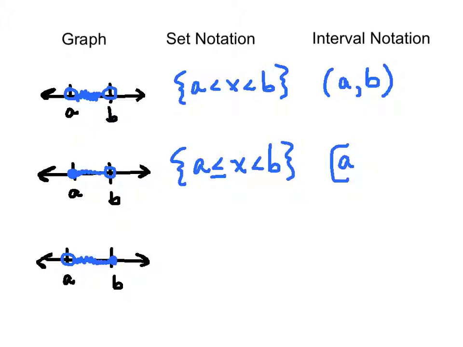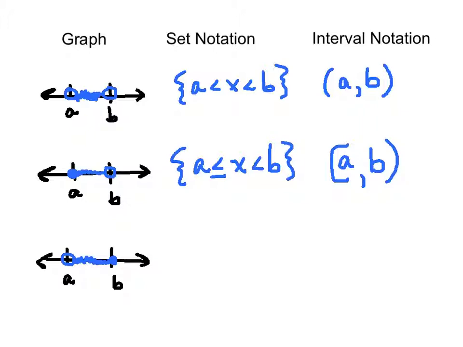Begin at A, include A, go all the way on out to B, don't include B, and so use a parenthesis. Representing numbers from A, including A, up to B, not including B.